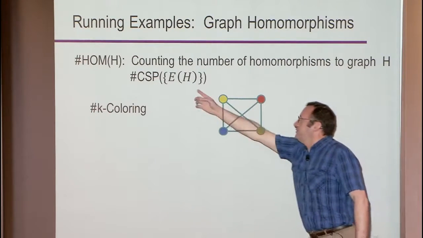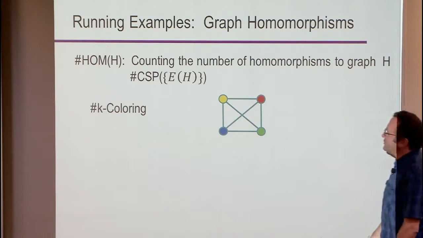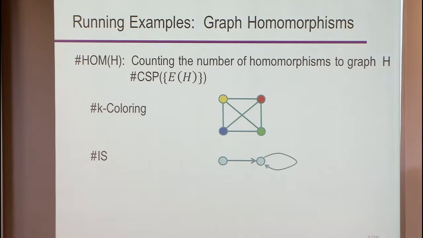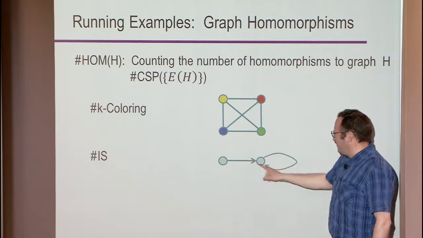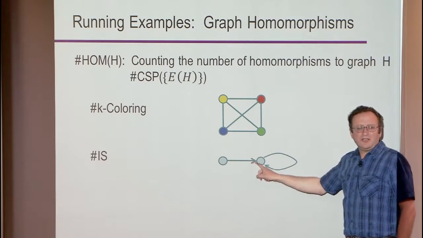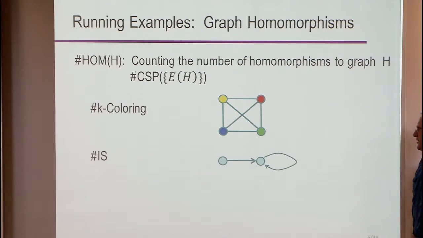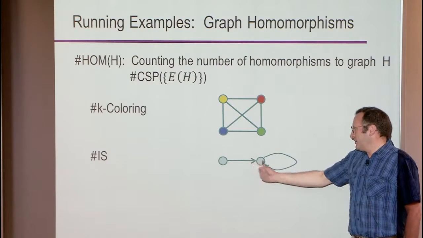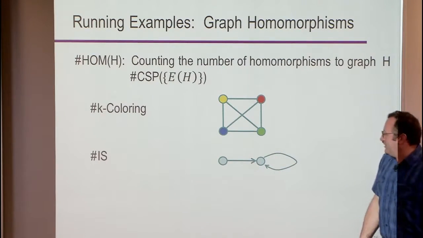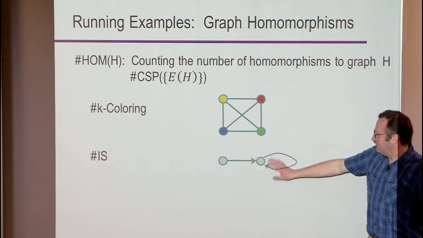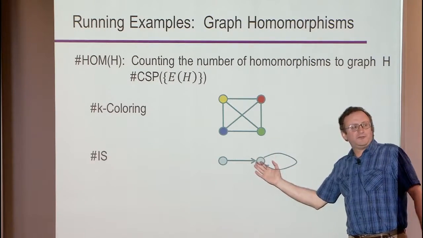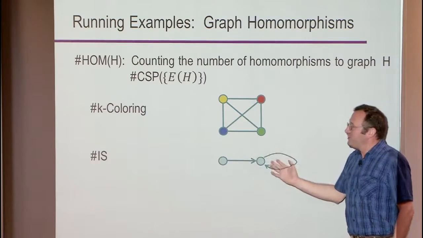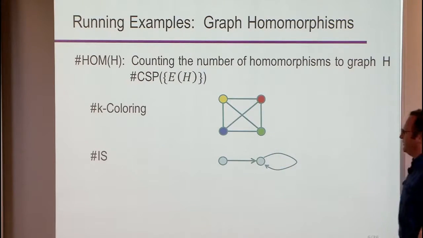In this case, this is just a disequality relation. Counting independent sets should probably be undirected at this edge. So in counting independent sets, forget about the arrow. Again, it is just counting homomorphisms into this graph, and if you take the edge relation, this is what you get.